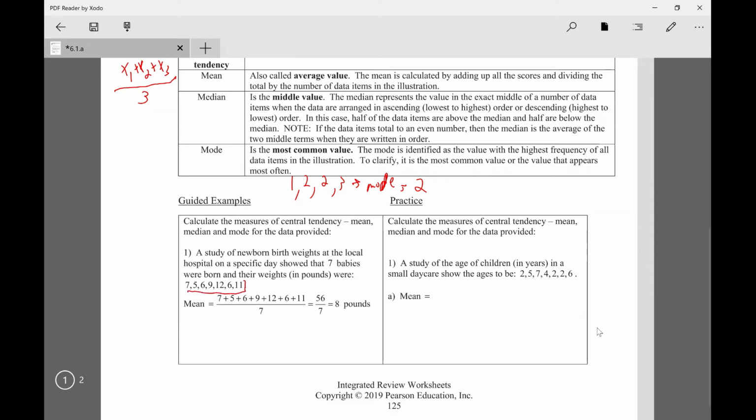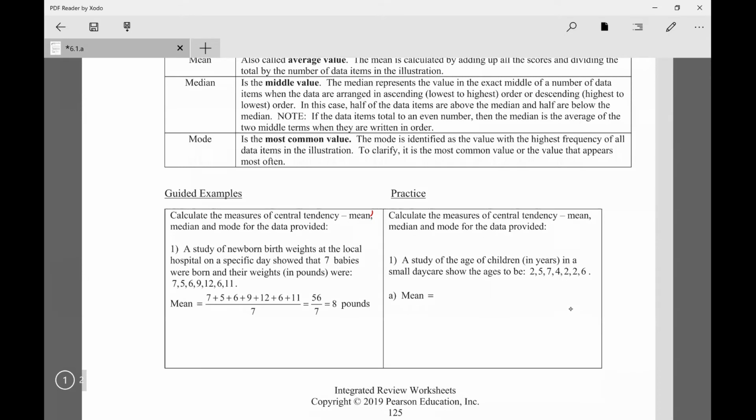We have all these data points, we add them up, and then we divide by how many there are. We add up the top and get 56, and divide that by 7. So 56 divided by 7 is 8 pounds. That means our mean, or our average here, is 8 pounds. For the birth weights of the newborns, the average is 8 pounds.